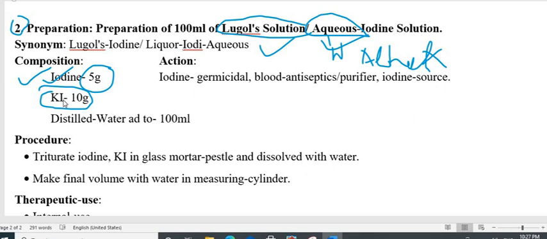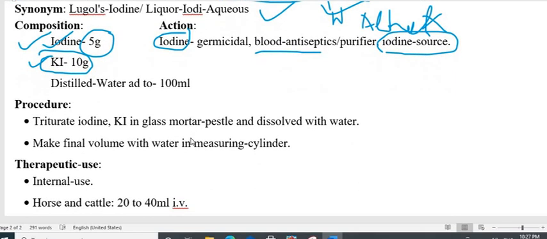So we use potassium iodide for mixing of the iodine. The action of iodine is germicidal, it is a blood purifier, a blood antiseptic, and also an iodine source. So this is a very much usable drug, iodine solution or Lugol's iodine.